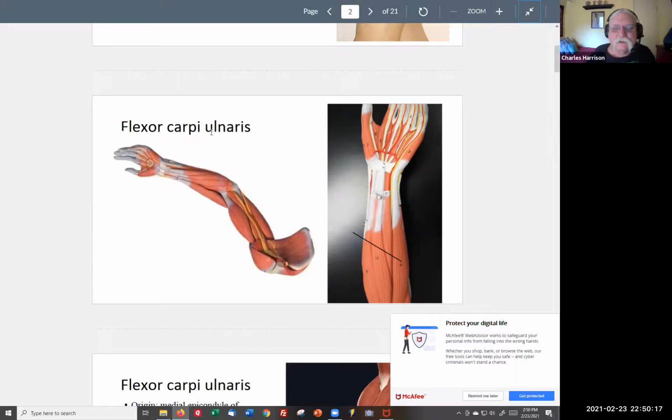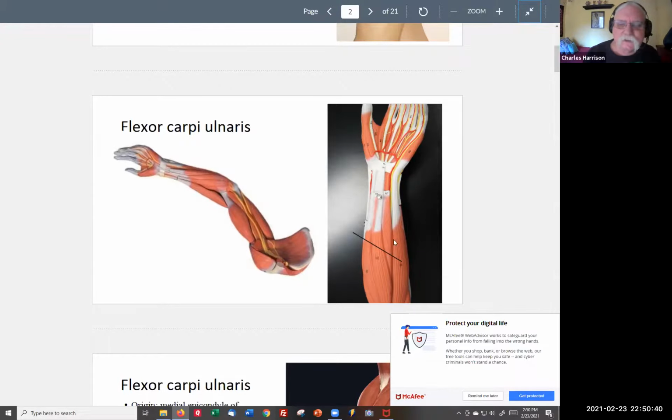Ulnaris means the ulnar side. The radial side, the thumb side, is always the radial side. Get that ingrained. Thumb is always radial. So the little finger is the ulnar side.